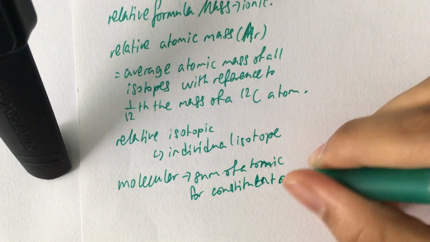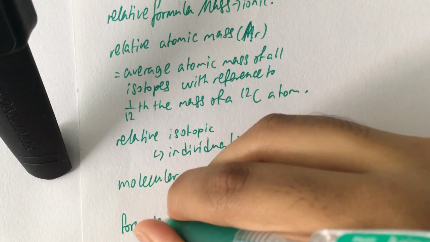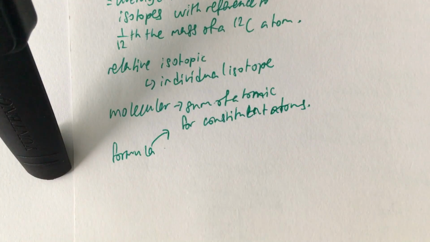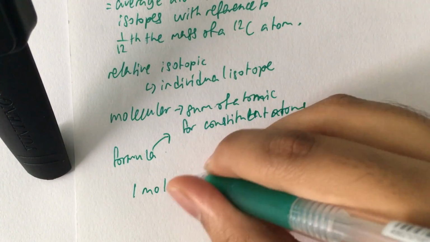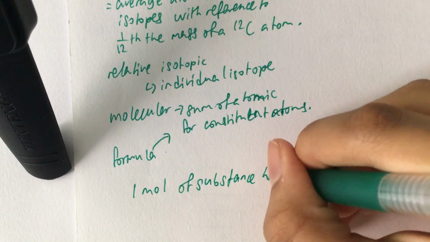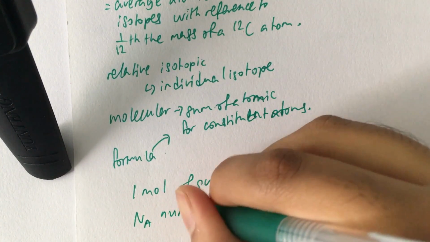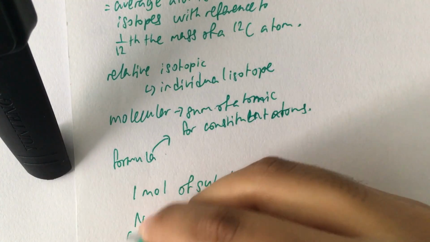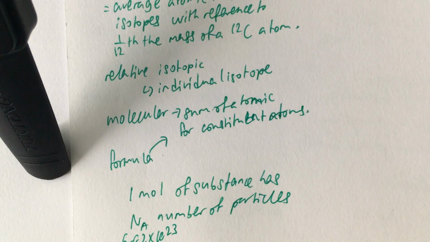Anyway, one mole of a substance is the amount of substance that contains an Avogadro constant's worth of molecules or atoms, the particles of that substance.